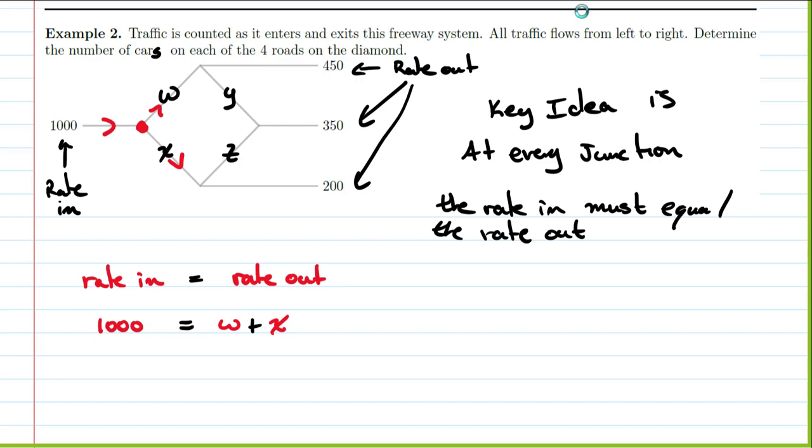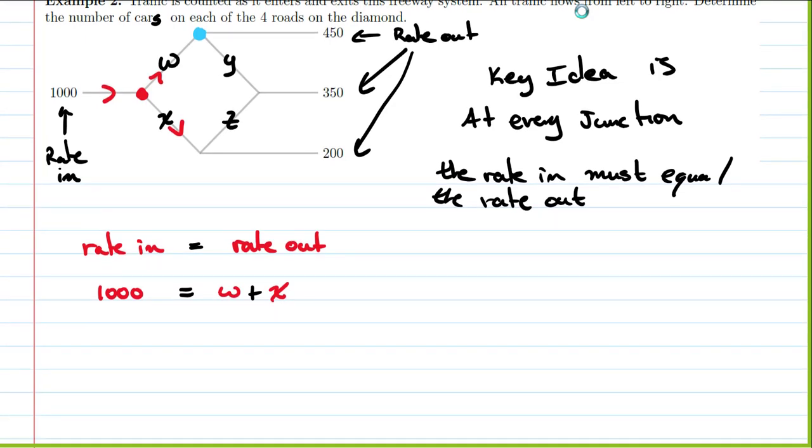All right. Now we want to do the same thing, but let's analyze this intersection. So we want to look at our rate in at that location. Remember, we're still moving from left to right. There's actually only one road that goes into that intersection. And what is it?